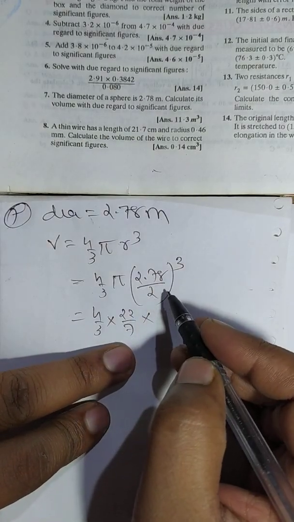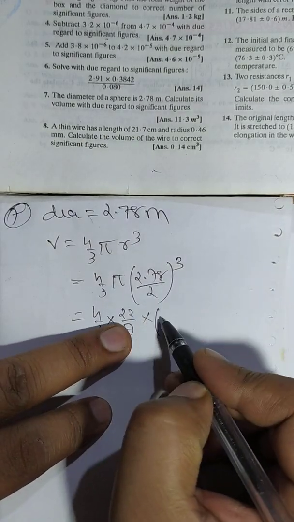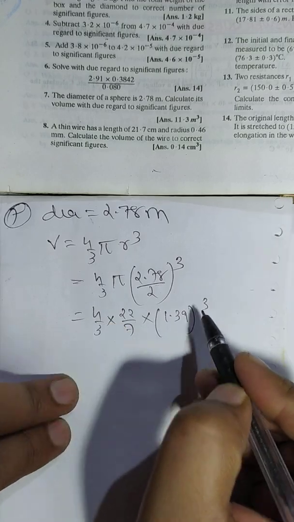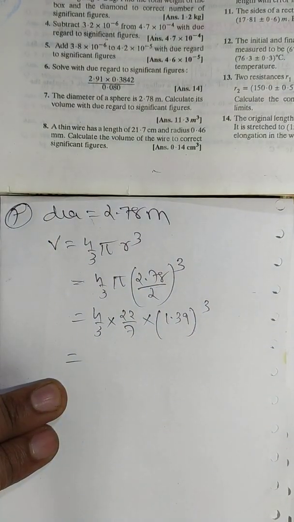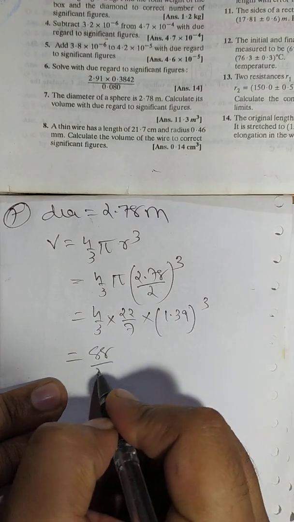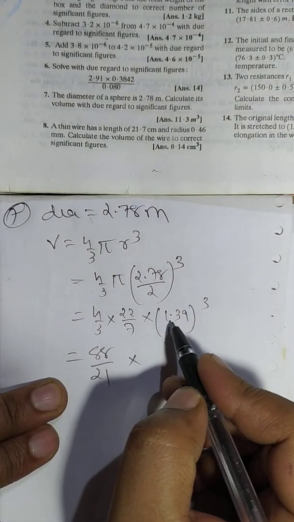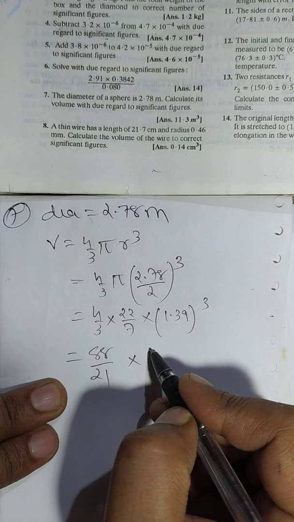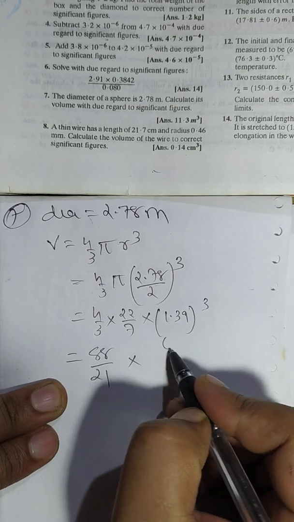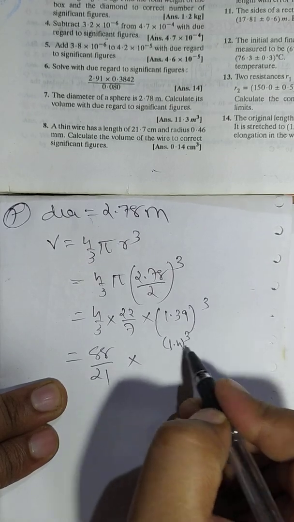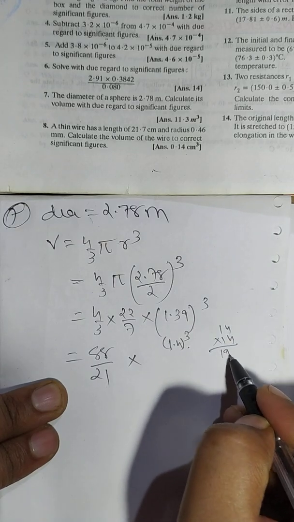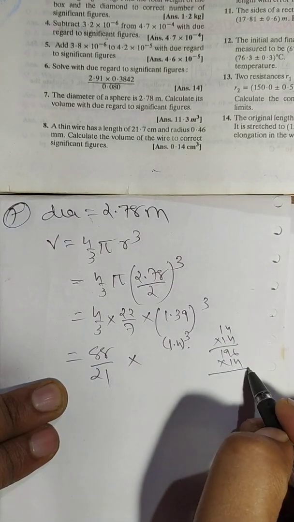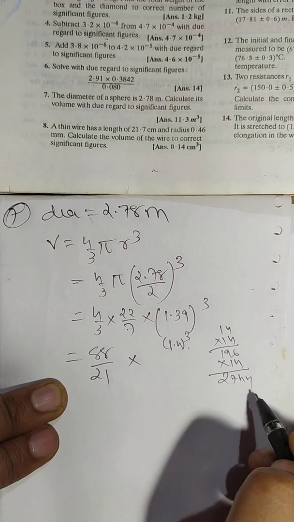This part I will simplify. 2.78, when you divide by 2, gives 1.39 cube. This one will be 88 upon 21. Multiply by this one, if you round off, it will become 1.4. So 1.4 cube: 196 multiplied by 14 is 2744.